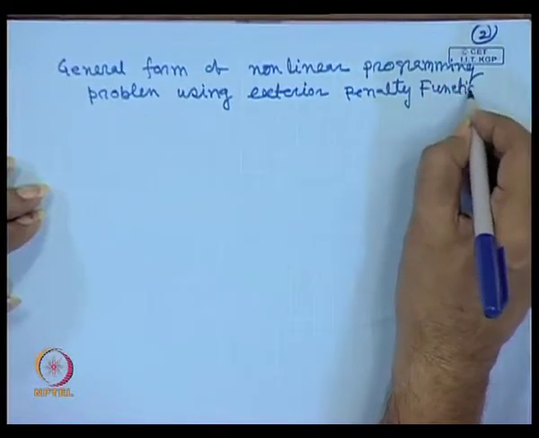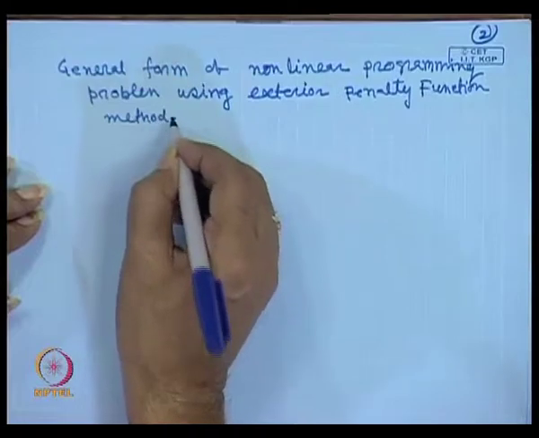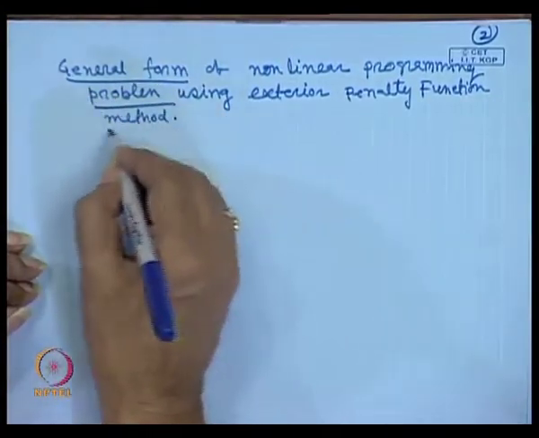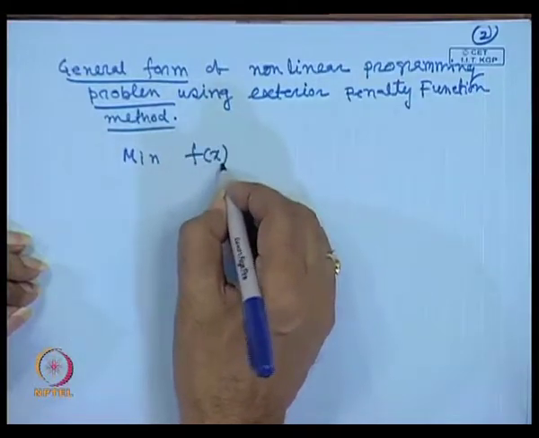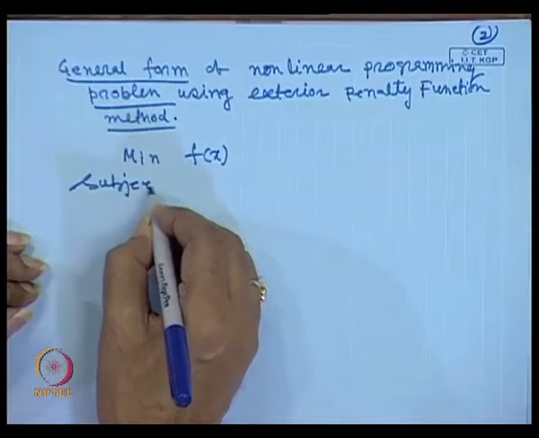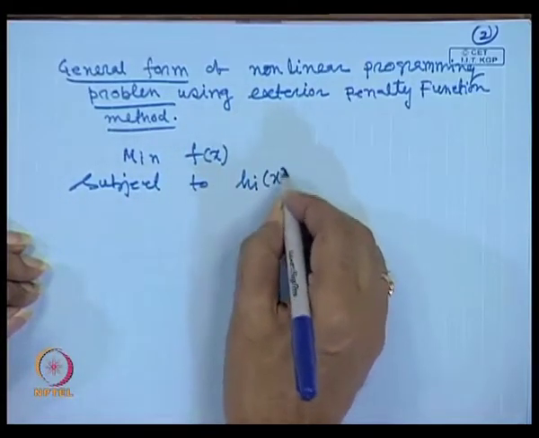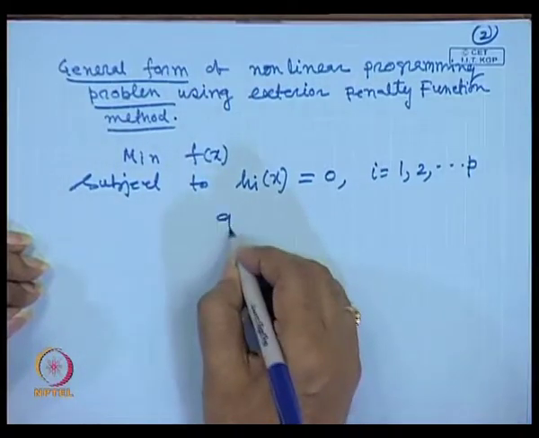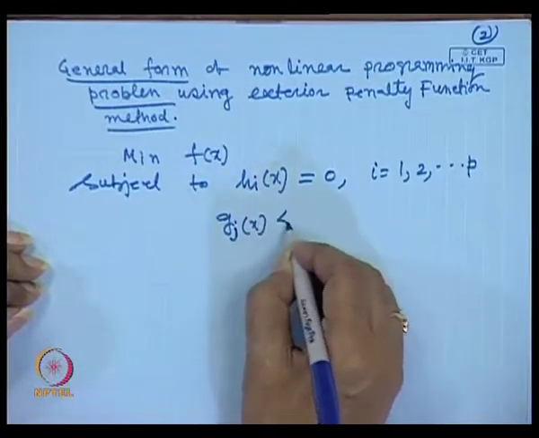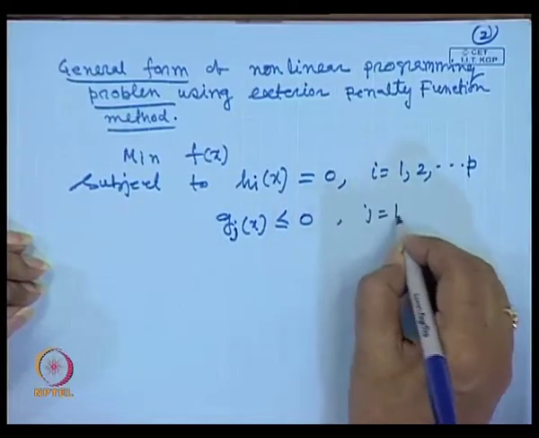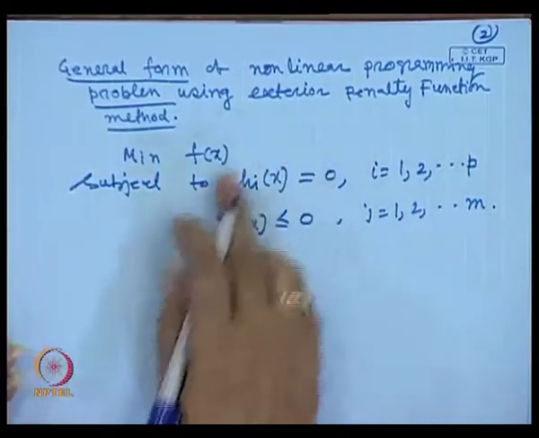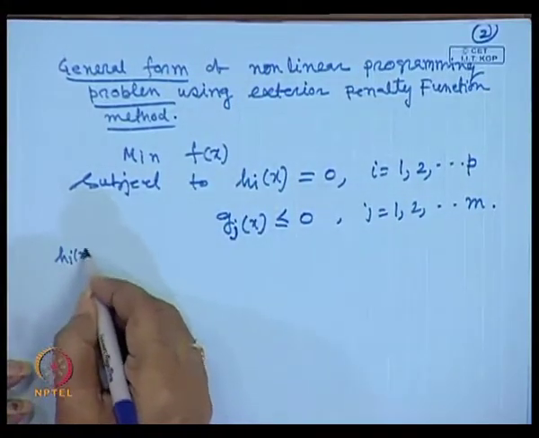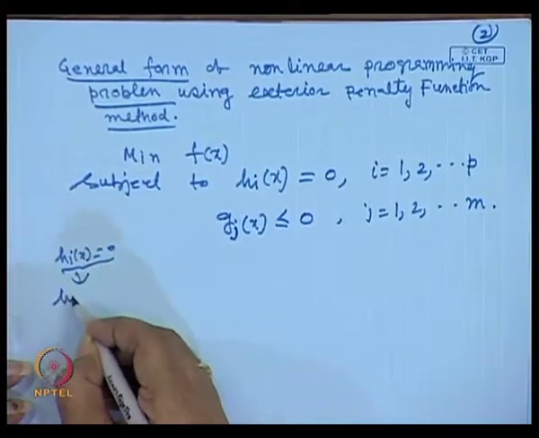So, this is equal to the objective function as it is, plus beta k summation of i equal to 1 to p of h i of x, whole square, plus, just like for inequality constraints we used to do, gamma k summation of j equal to 1 to m of max of g j of x comma 0, whole square. Let us call this equation number 1.